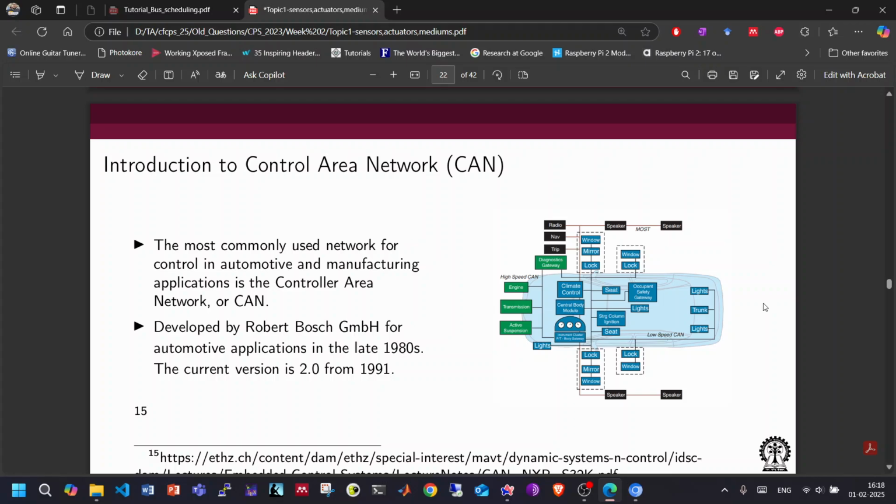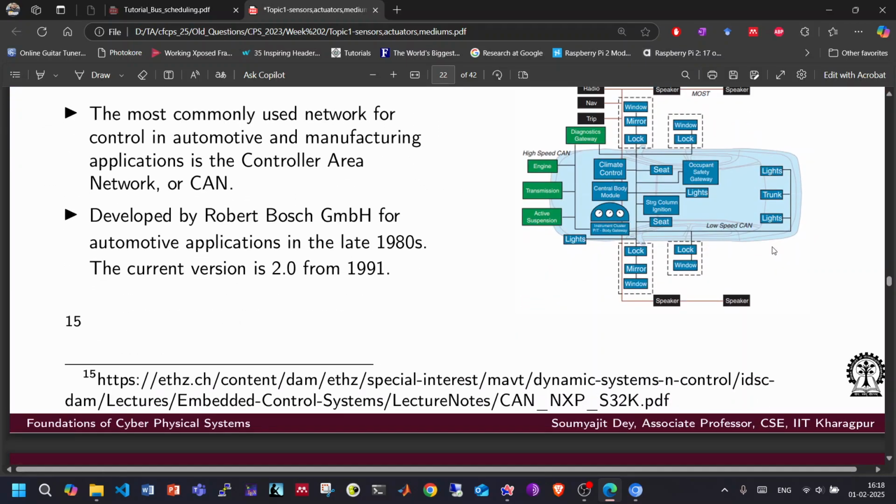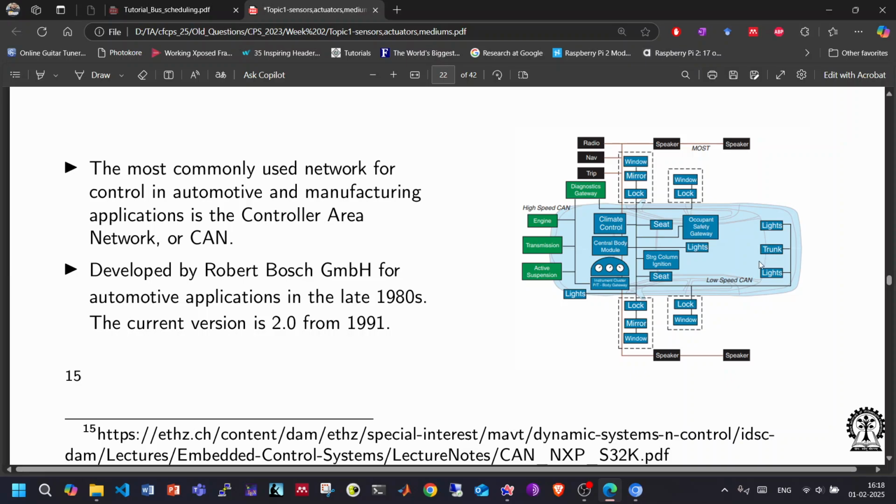In automotives, as I told you, there are multiple control units, and these control signals are carried using CAN. Different CAN buses are present to carry different control signals to different places. So these are all very well segregated.